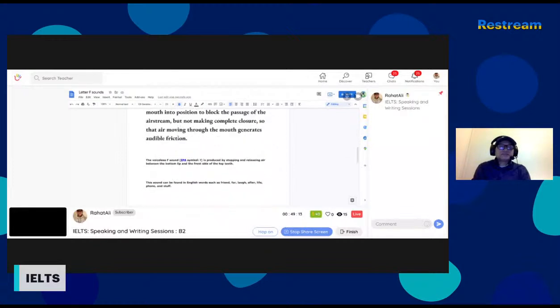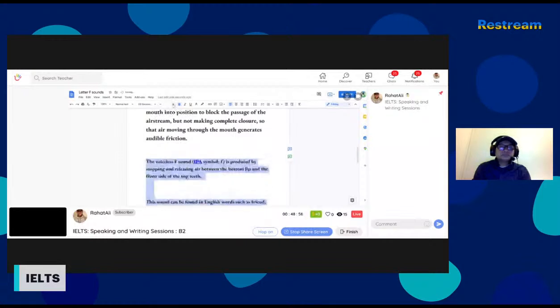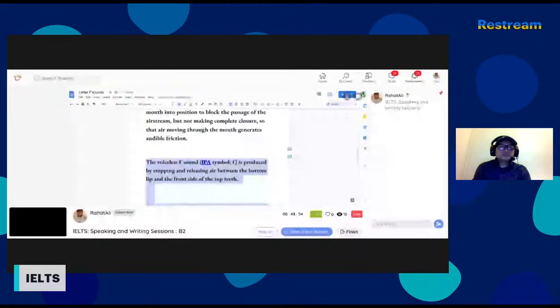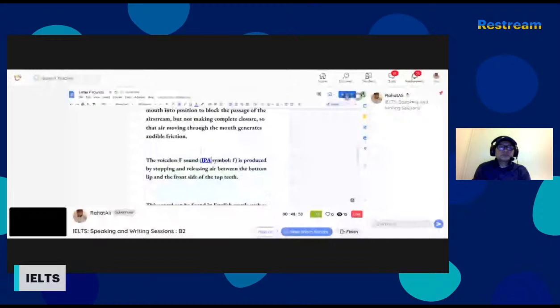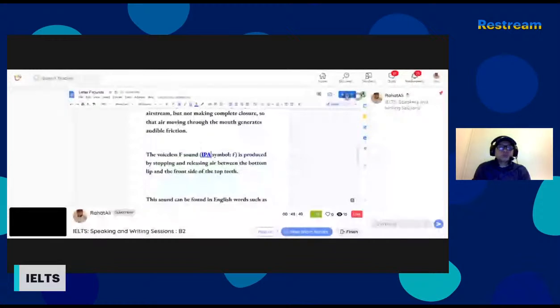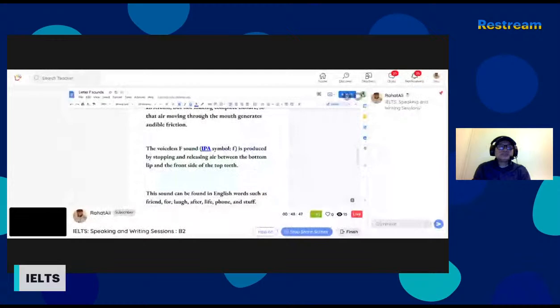Alright, and the voiceless F sound is produced by stopping and releasing air between the bottom lip and the front side of the top teeth.